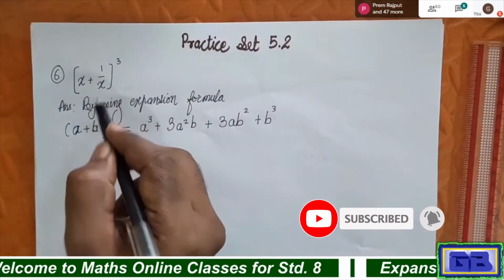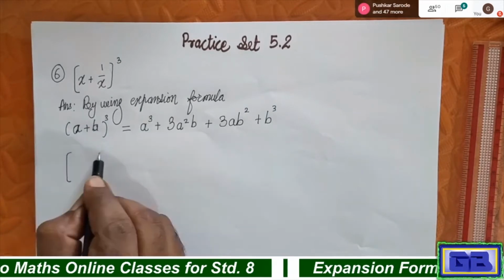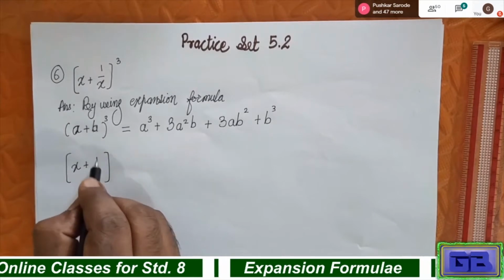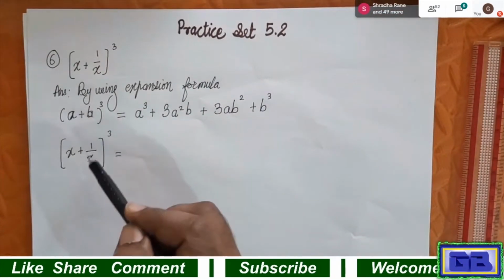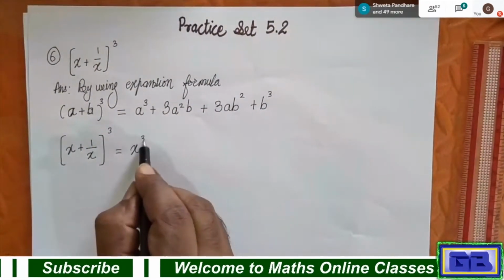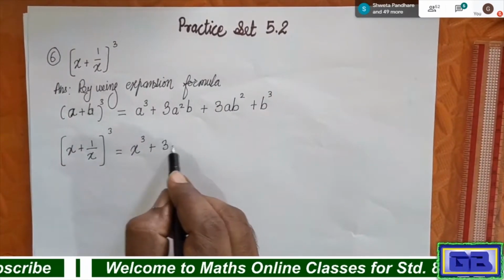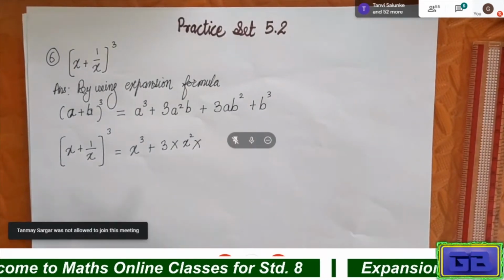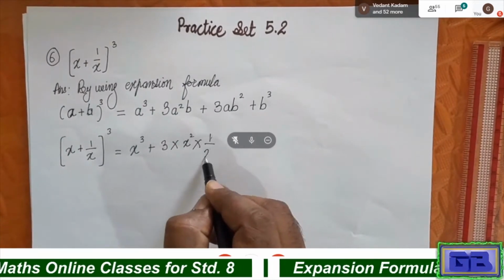Take the question down below this bracket. (x + 1/x) whole cube. We have taken this sum down again. x cube, plus 3 multiplied by x square multiplied by 1 upon x.